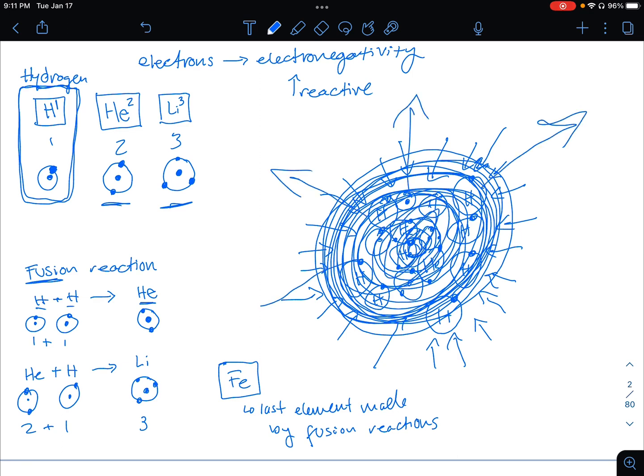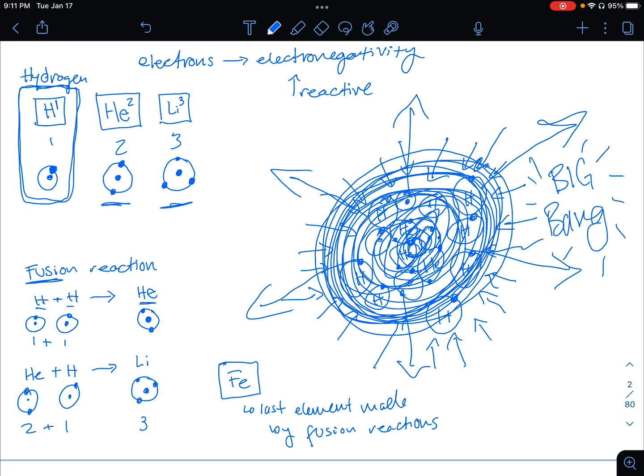So it went all the way out and through all of these chemicals across the universe, the Big Bang. Those chemicals, specifically from this fission reaction, are what make up the universe today.